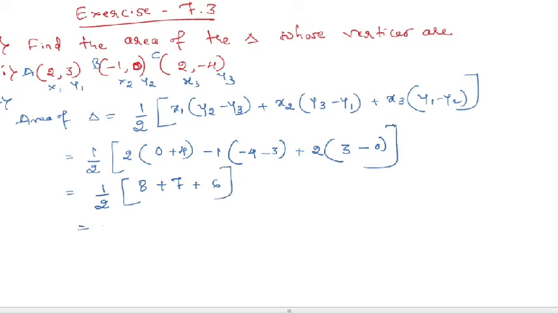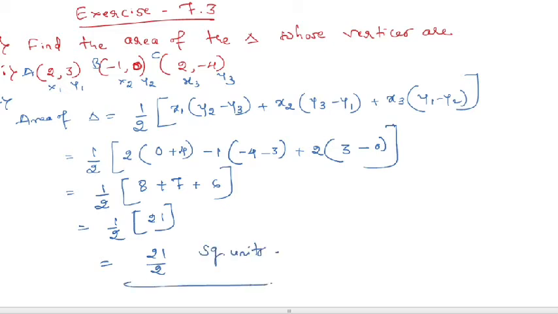This is equal to 1 by 2 in the bracket 8 plus 7 plus 6, which is 21. So it is equal to 21 by 2 square units. It is the area of the triangle. The second sub question is similar, so do it yourself.